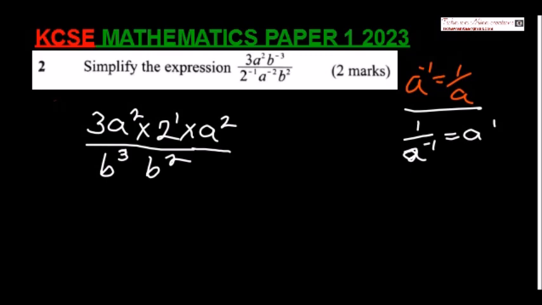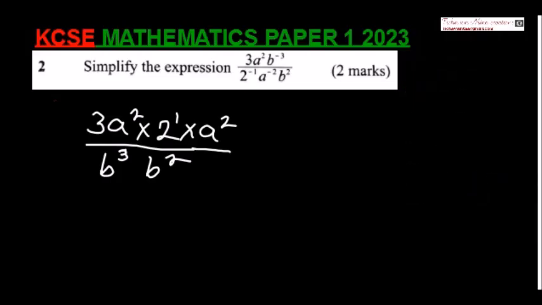So that we remove the negative index. Now, in the rules of indices, you are taught that a to the power m multiplied by a to the power n is equal to a to the power m plus n.